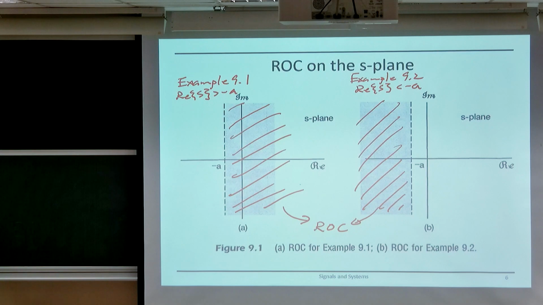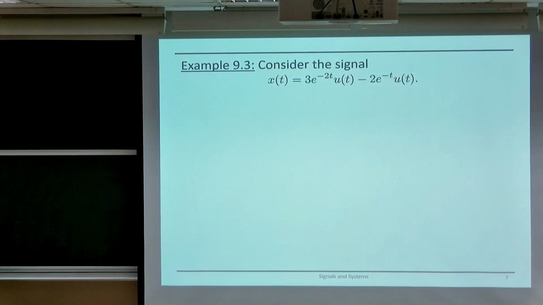Now let's look at a slightly more complicated example. Suppose that now you have two decaying exponentials that are both right-sided, with non-zero values on the positive axis.